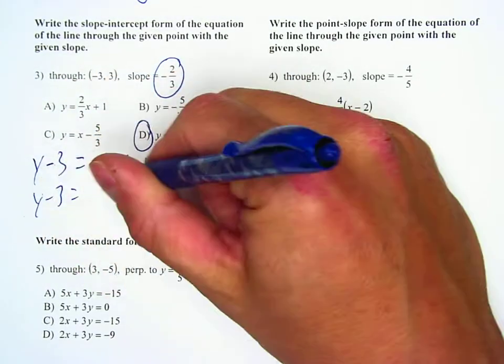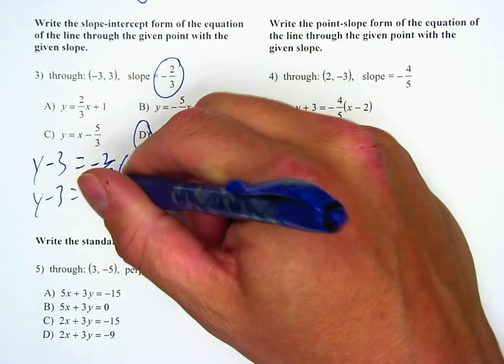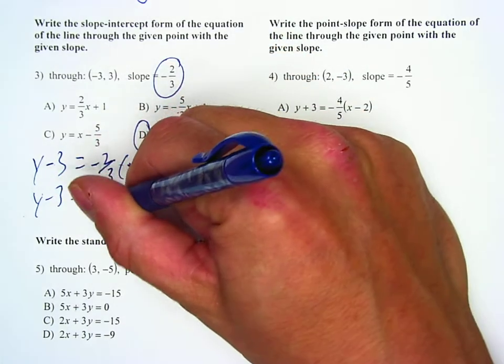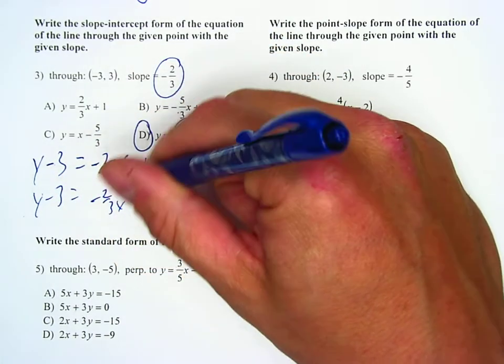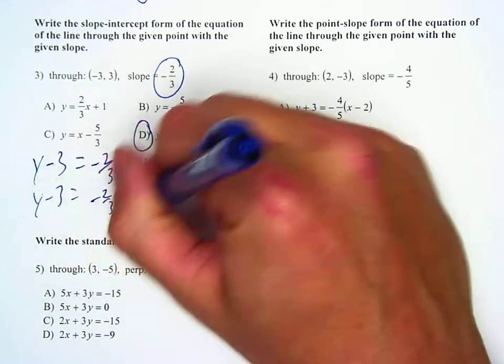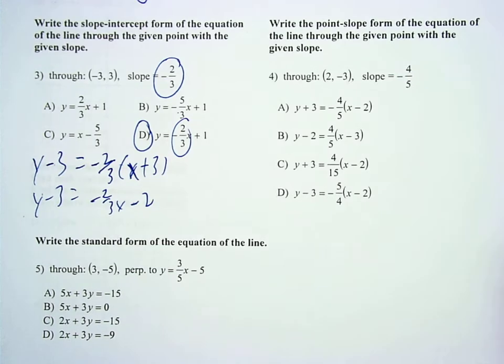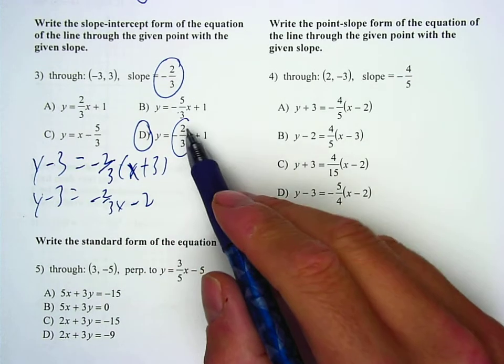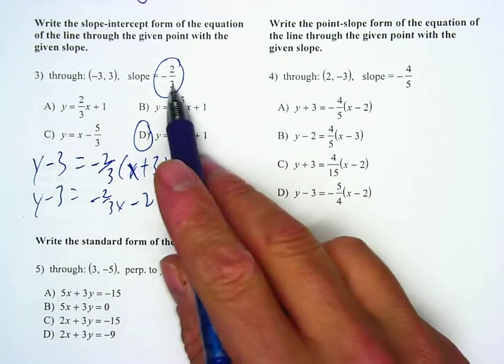And you would distribute the -2/3 into the x plus 3. It would be -2/3 x plus 6/3, or -6/3, which is -2. Adding 3 over to -2 makes +1. So that's what you would do if you needed to actually set this up, if I had two of these with the same slope, with the -2/3 slope.